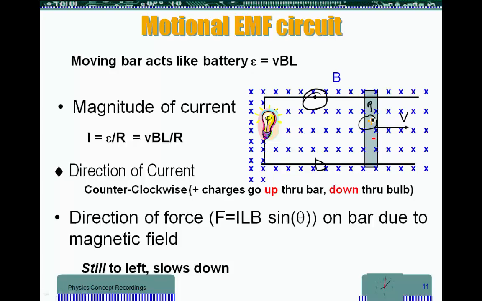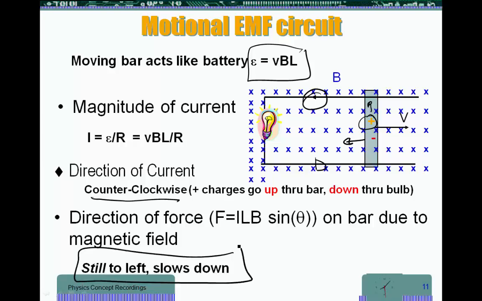The EMF, of course, is given by the same expression. The direction of the force, using the right-hand rule, current up, magnetic field into the page, so the magnetic force is still in this direction, still trying to slow down the bar.